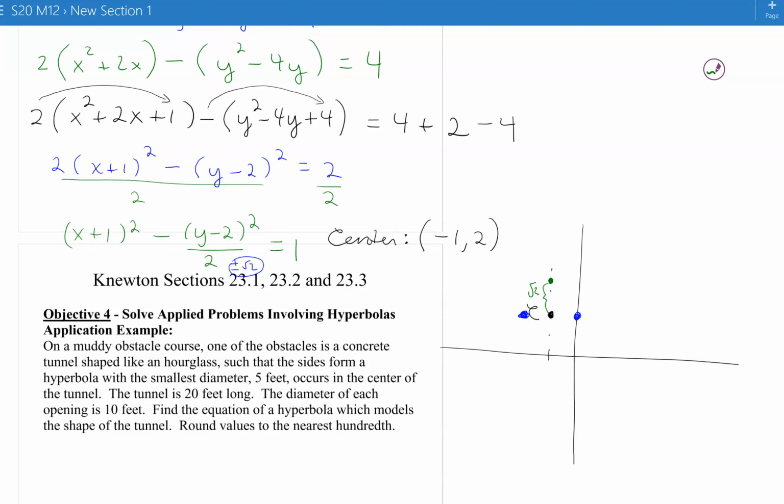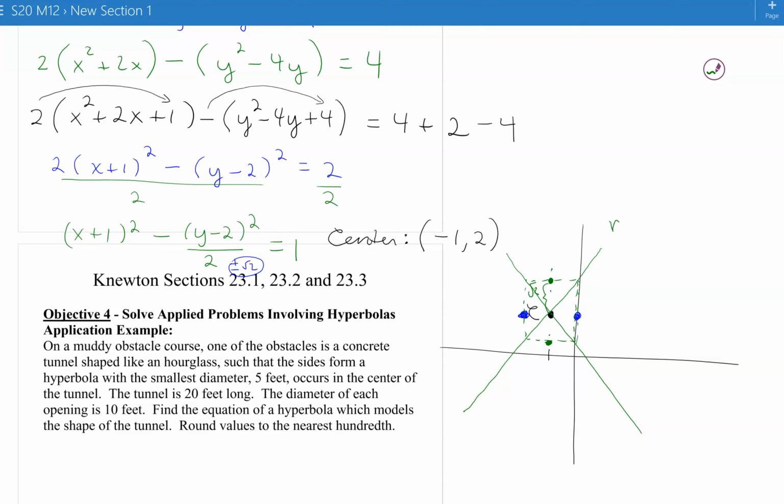Now I can make my box and draw my diagonals. So there are my asymptotes. And the slope of this asymptote is up root 2 over 1. So square root of 2.